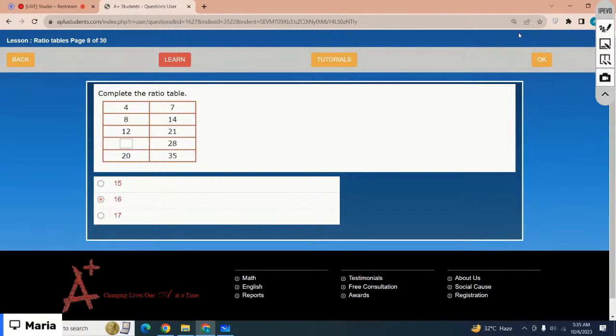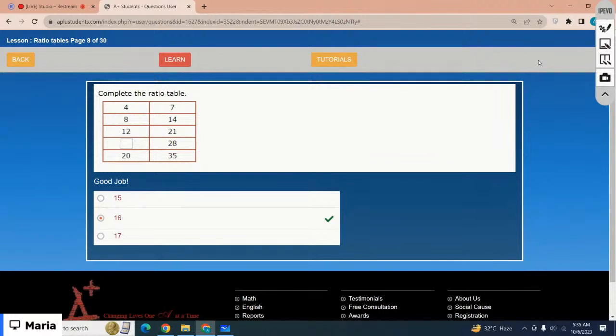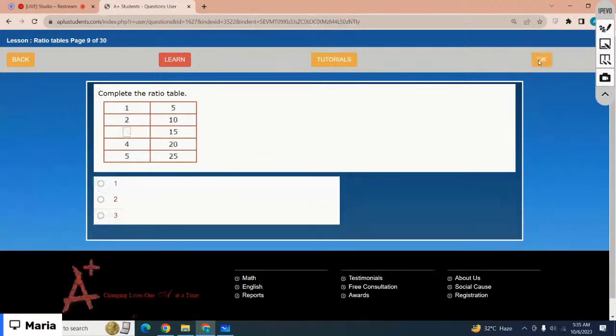The missing value is 16. The next one is complete the ratio table.